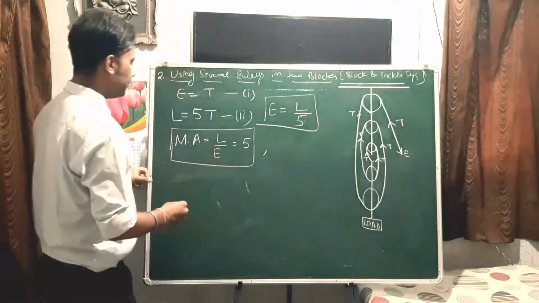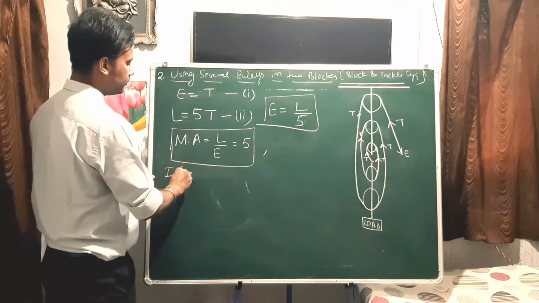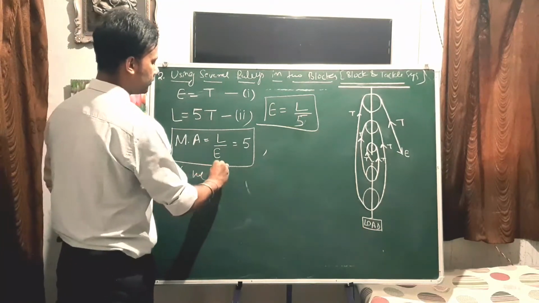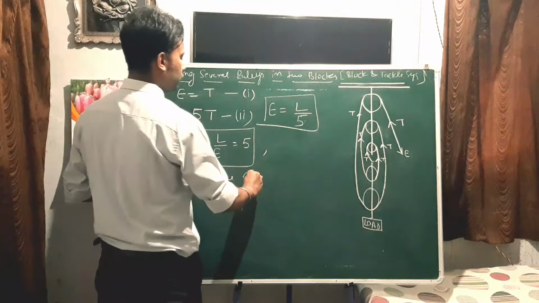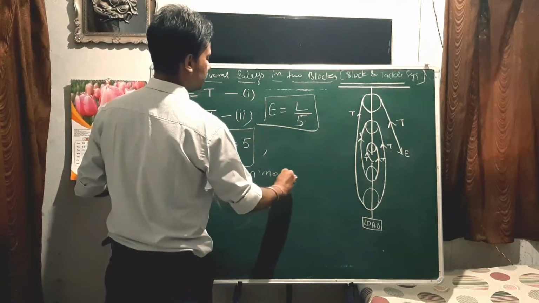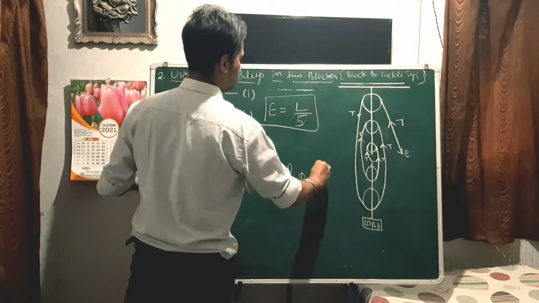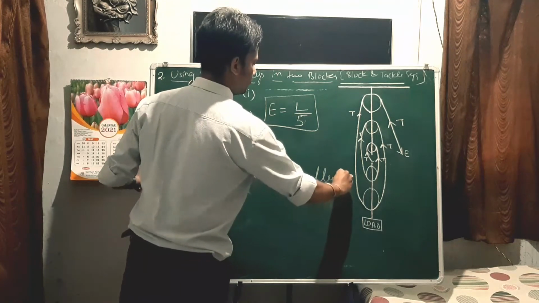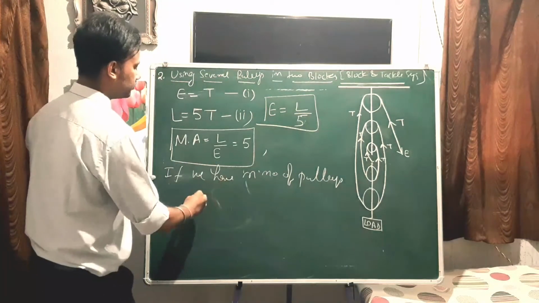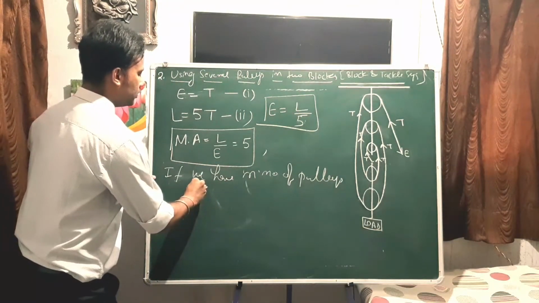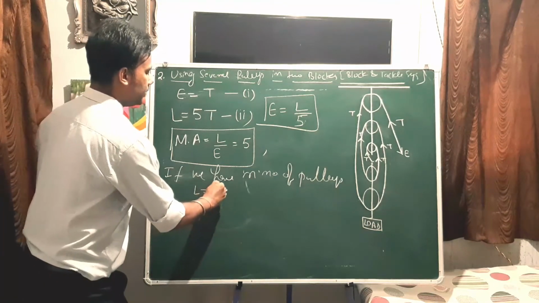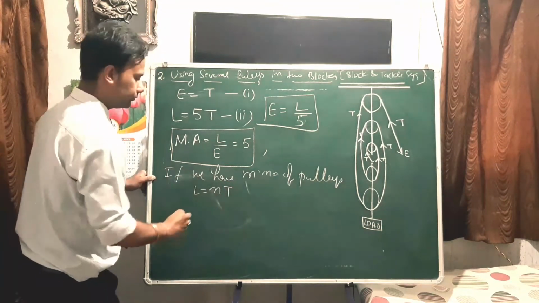So from here, if we have n number of pulleys, then L will be n into T, right?